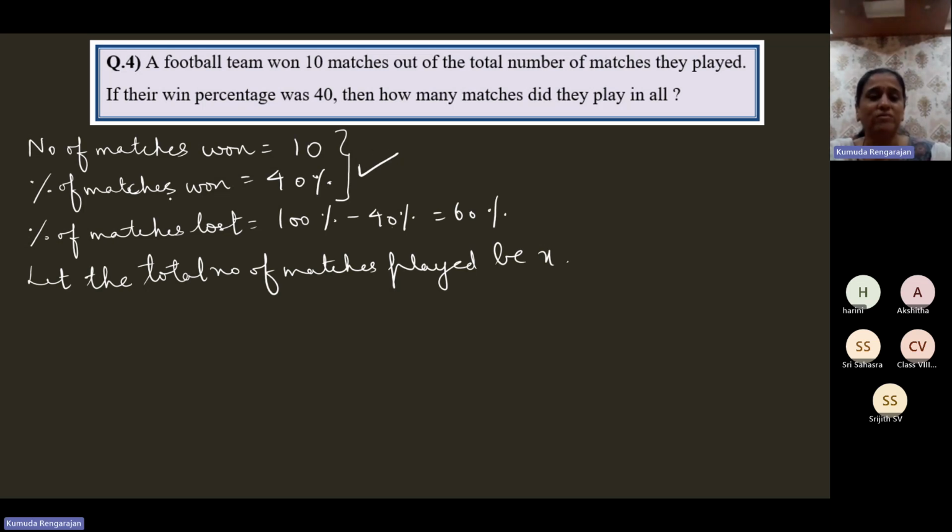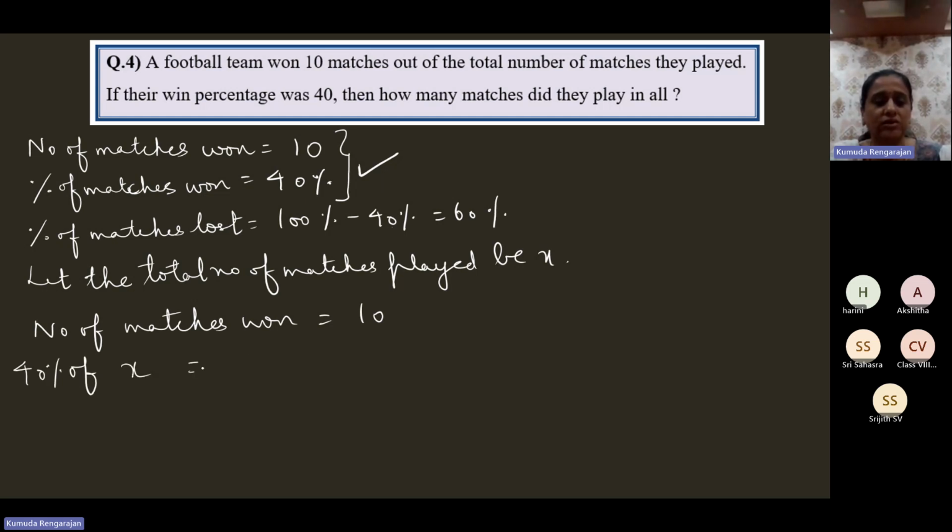What's the percentage of matches won? 40%. What's the number of matches won? 10. Using this information, you can find the total number of matches played. So the number of matches won is equal to 10. That means 40% of X is equal to 10.